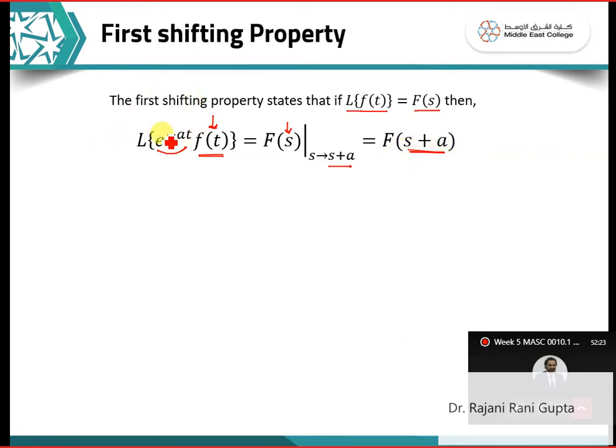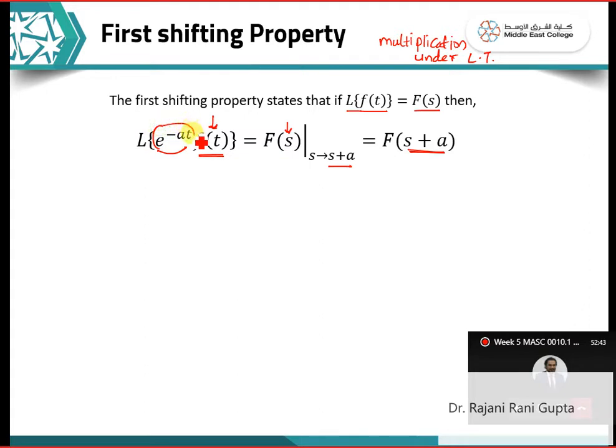This is the shifting property. We make use of this property whenever we come across multiplication under Laplace transform. Here the multiplication is with e power minus at.